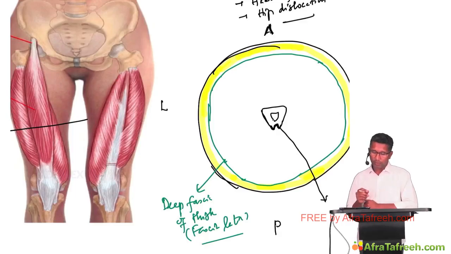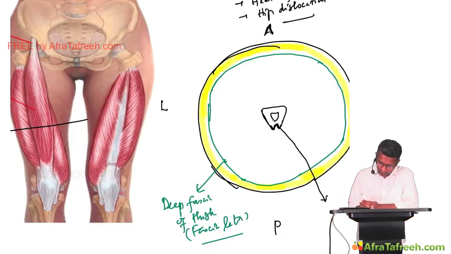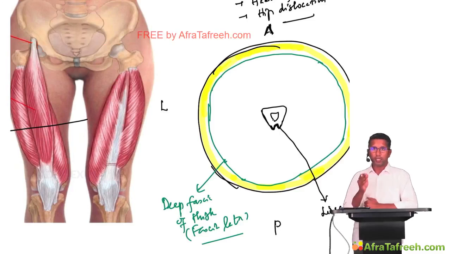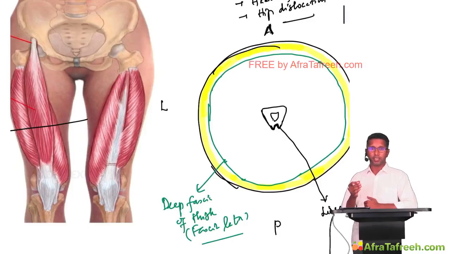This is called the linea aspera, and this linea aspera has two lips: a lateral lip and a medial lip, with a groove in between. These lips and the groove give attachment to various intermuscular septa and the muscles in this area.